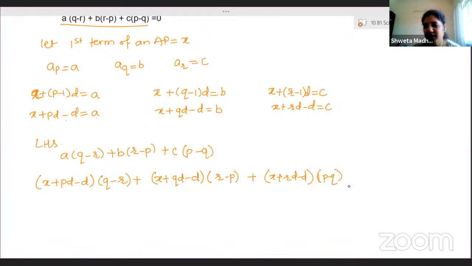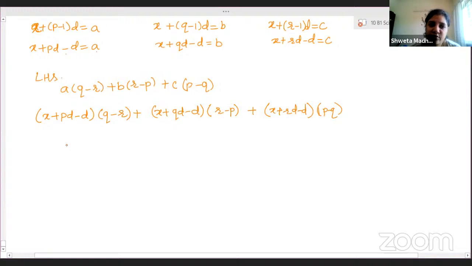So normal multiplication, opening brackets, adding and subtracting. x into q, qx; x into r minus rx; pd into q minus pq plus pqd; pd into minus r is minus prd; minus d into q minus qd; minus d into minus r is plus rd, right?